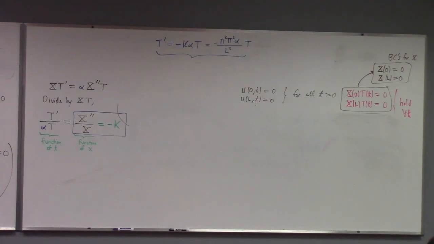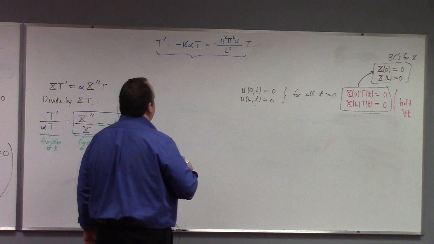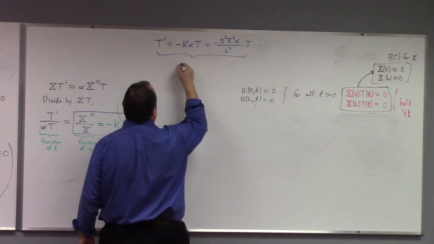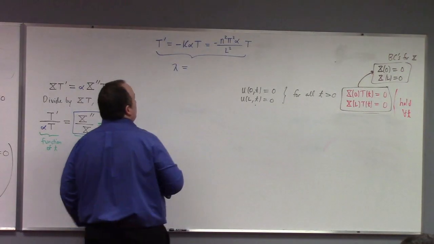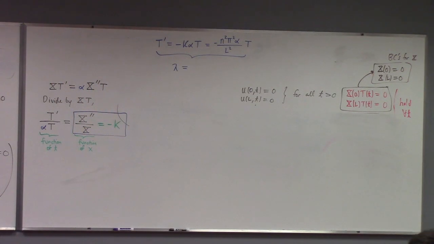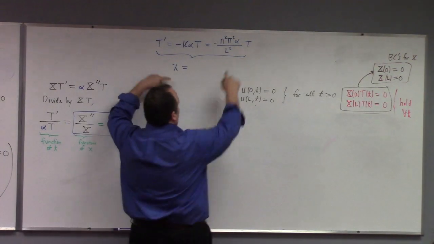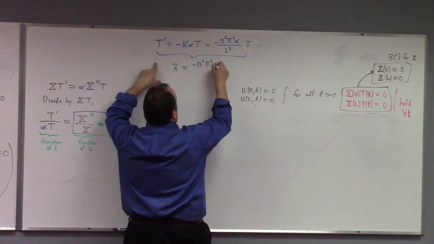Let me demystify it for you. It's T prime plus that thing equals 0. Well, what's the characteristic equation here? Lambda equals what? This is a constant coefficient ordinary differential equation, first order, right? So the characteristic equation is simply lambda from T prime, and over here, minus n squared pi squared alpha over L squared.